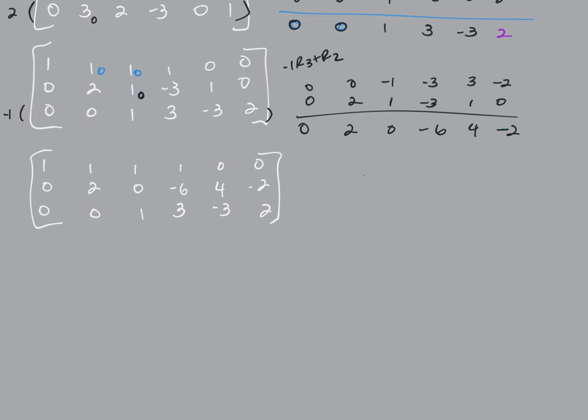All right. Now I need a 0 here. The bottom row by yours. Row negative 1, row 3 plus row 1. 0, 0, negative 1, negative 3, positive 3, negative 2, 1, 1, 1, 1, 0, 0.